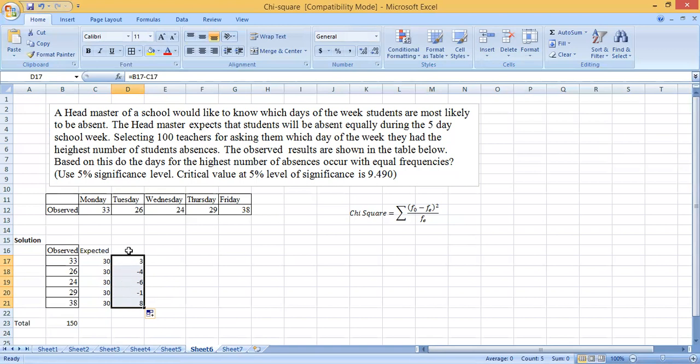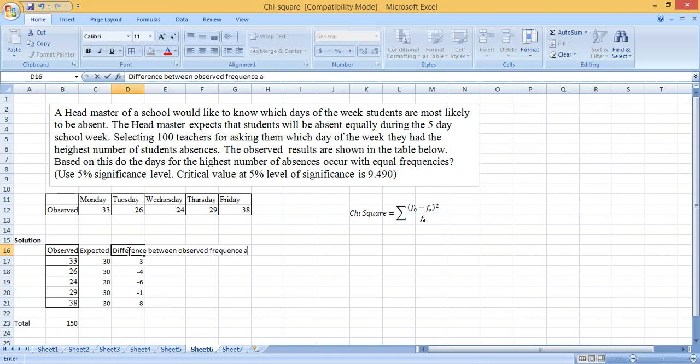You can write here the difference between observed frequency and expected frequency.